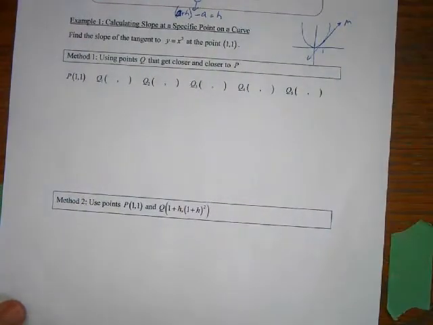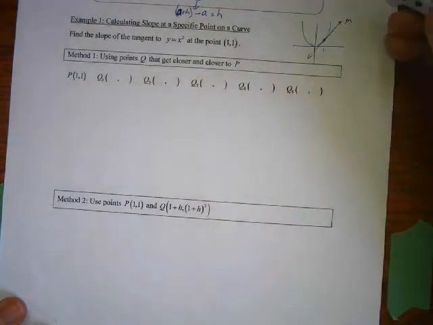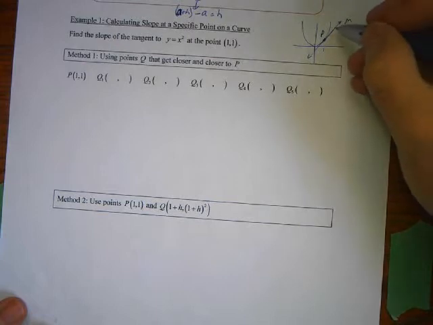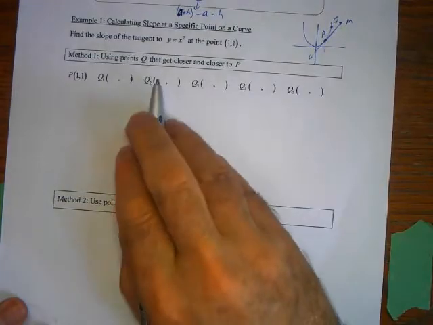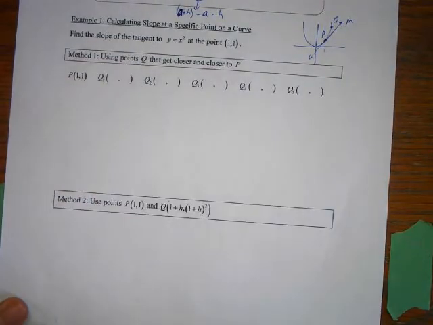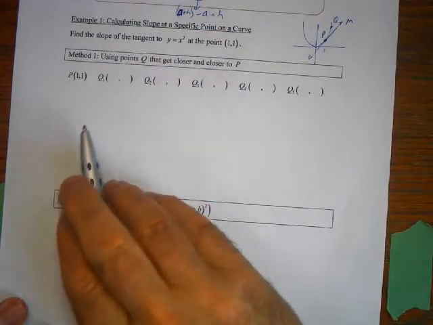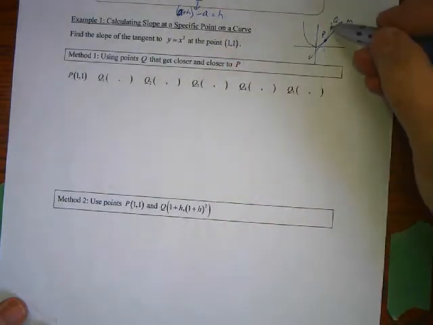The point we want is 1, 1, so I'll call that P. I'll have another point Q that will be to the right of P, and as Q gets closer and closer to P, I'm going to come up with some values of Q and do our calculation of the slope from there.